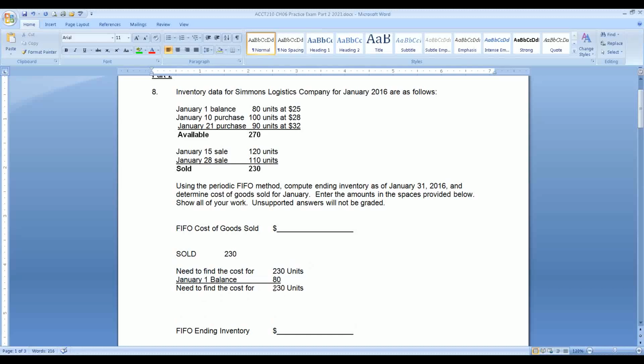So we still need to find the cost for what, 150? We'll go to the January 10th purchase. You know, I should just copy these, right? That'd be quicker. Save everyone time.